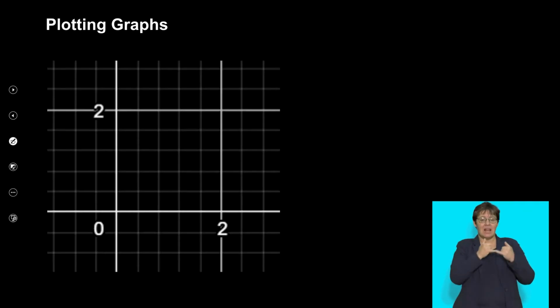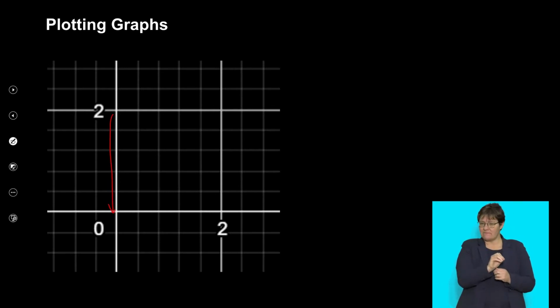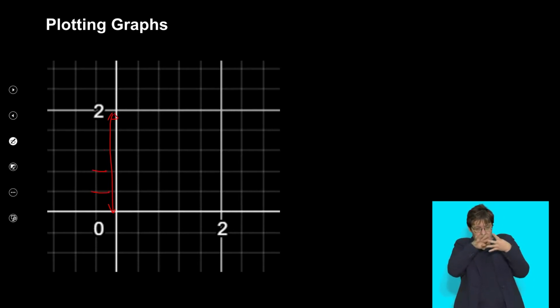Let me give you some tips about plotting points here. It's very important, related to scale, that you can see that you've got a certain number of blocks between here and here. In fact, there's 1, 2, 3, 4, 5. So that means 1, 2, halfway through 2, that will be 1.